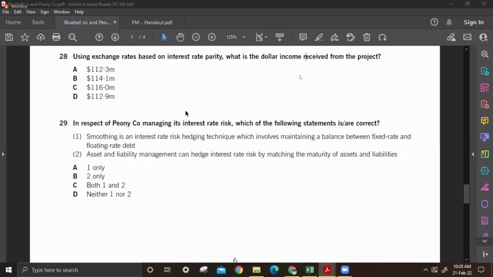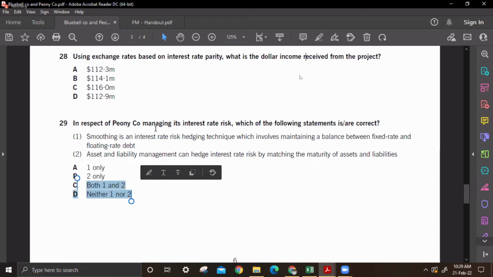So, if you take your assets also in floating interest rates, let's say if the interest rate increases, you will get high income from your assets, right? Which will protect us from high cost of liabilities. So, this is how we manage our assets and liabilities with the help of hedging the interest rate risk. So that's why both statements are correct, 1 and 2.